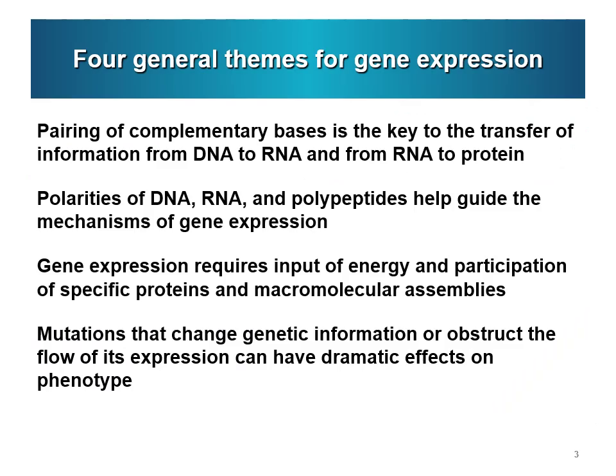Let's talk about four basic themes that are the keys for the flow of information from DNA all the way to protein. The first one is obviously the pairing of complementary bases, and it is the key for transferring the information from DNA to RNA and then from RNA to protein.